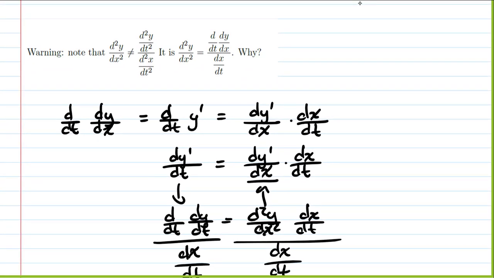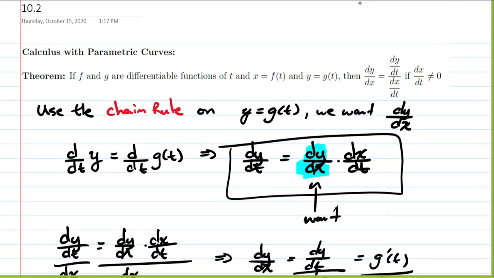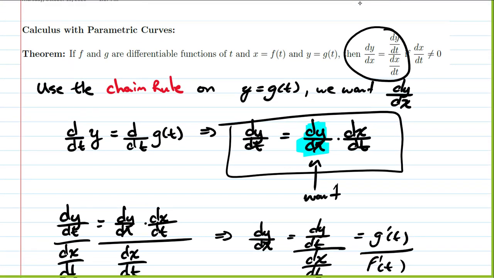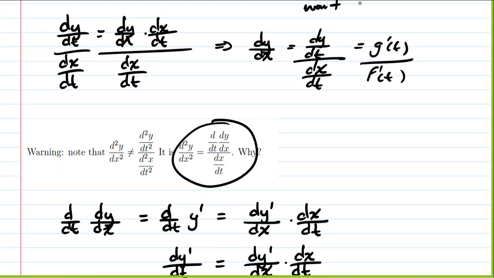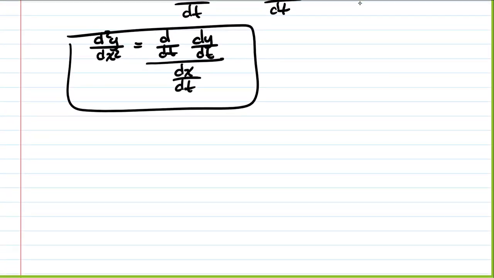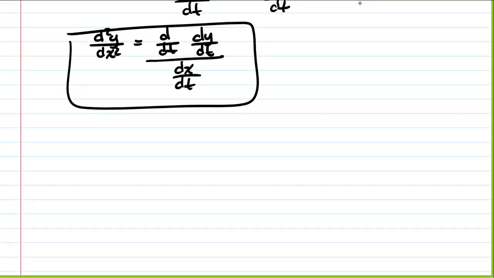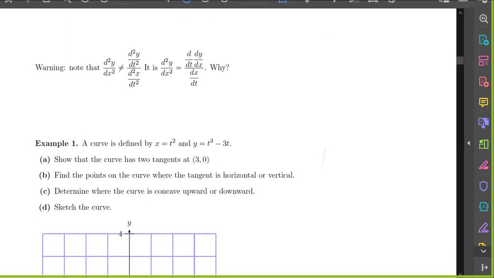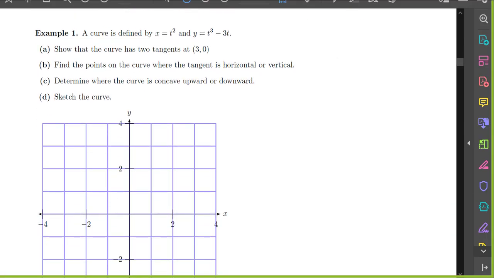So be careful, there is a false friend here when we're taking derivatives. If we want the second derivative, that's our formula. If we want the first derivative, that is our formula. They are both consequences of the chain rule and treating t as the intermediate variable as we differentiate through. All right, so let's go ahead and use that to work on example 1.